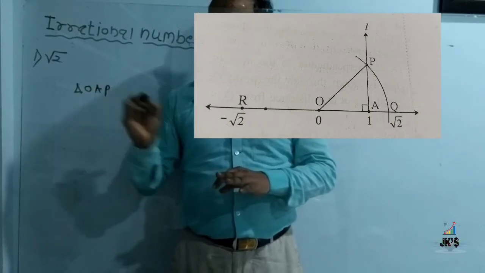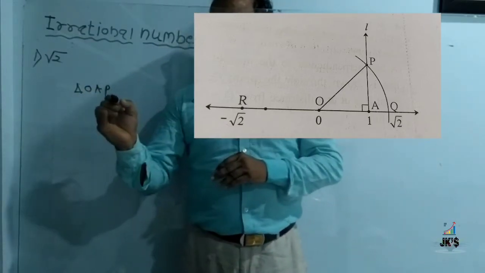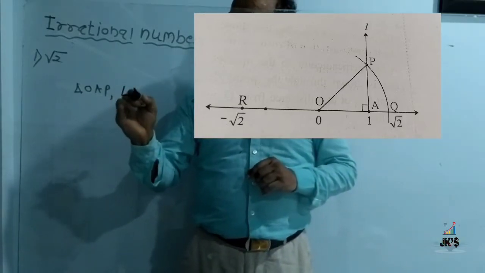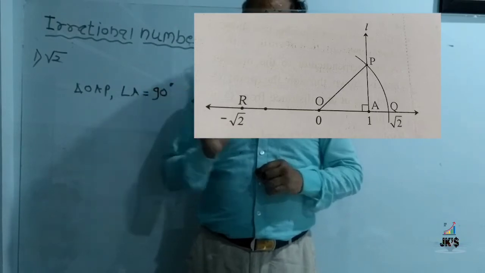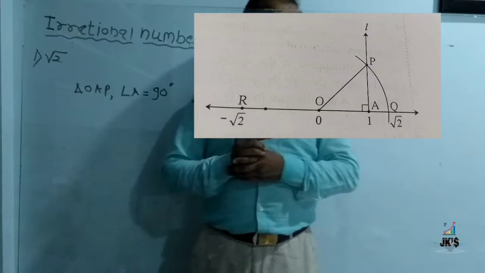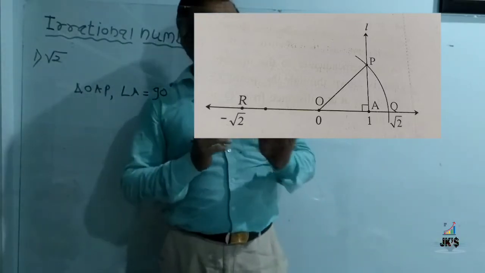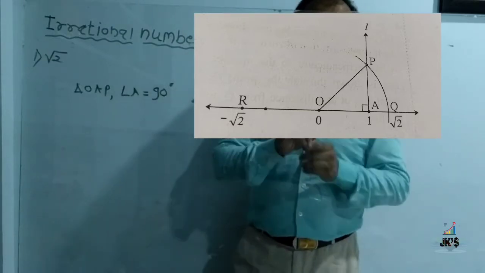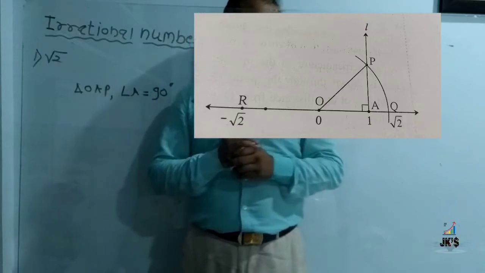When we observe this triangle OAP, angle A is 90 degrees, which means triangle OAP is a right angled triangle. In a right angled triangle, this side OP, which is opposite to the right angle, is known as the hypotenuse.